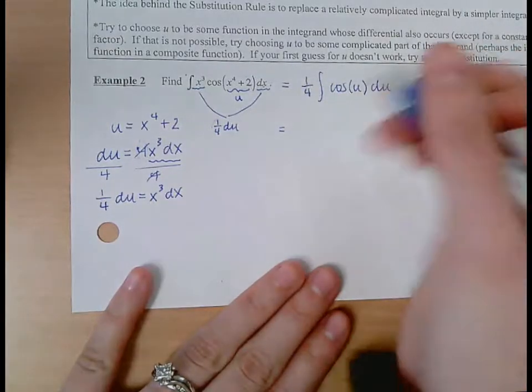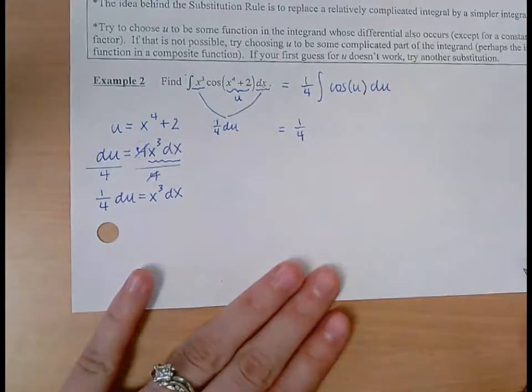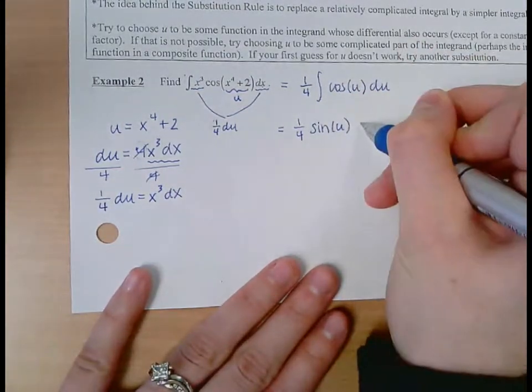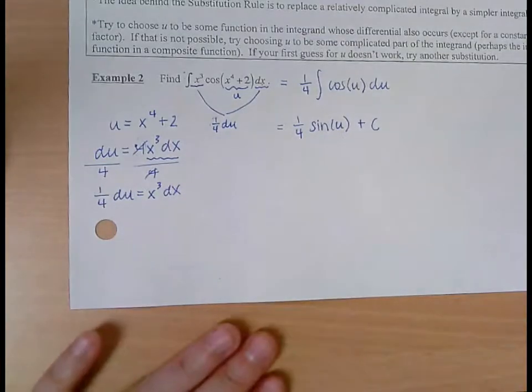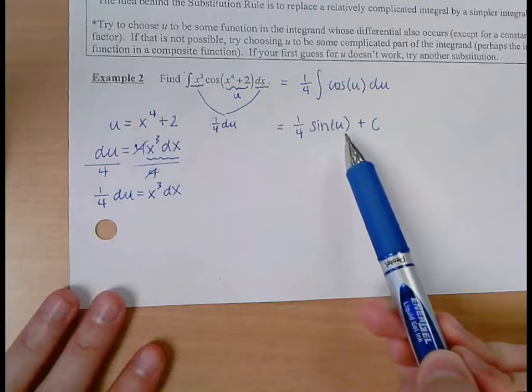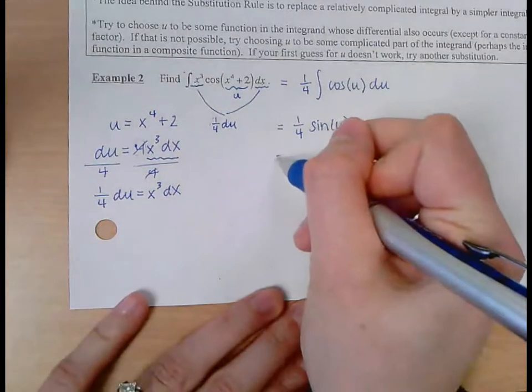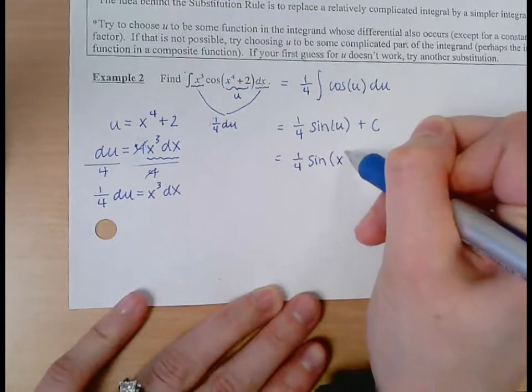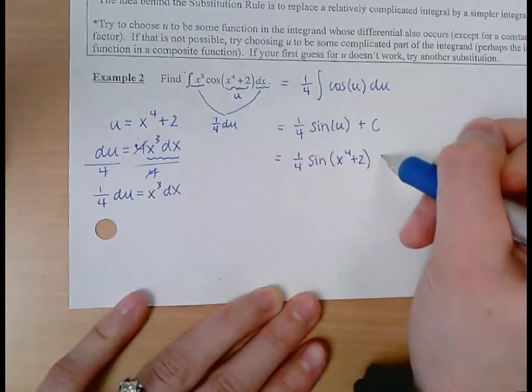So the 1/4 coefficient stays. The antiderivative is sine of u, and I need a plus c. Then I substitute back in x to the 4th plus 2 for u. So it's 1/4 sine of x to the 4th plus 2, plus c.